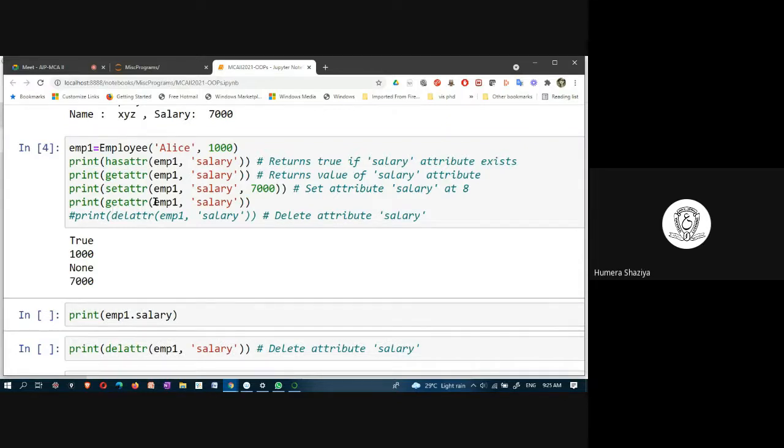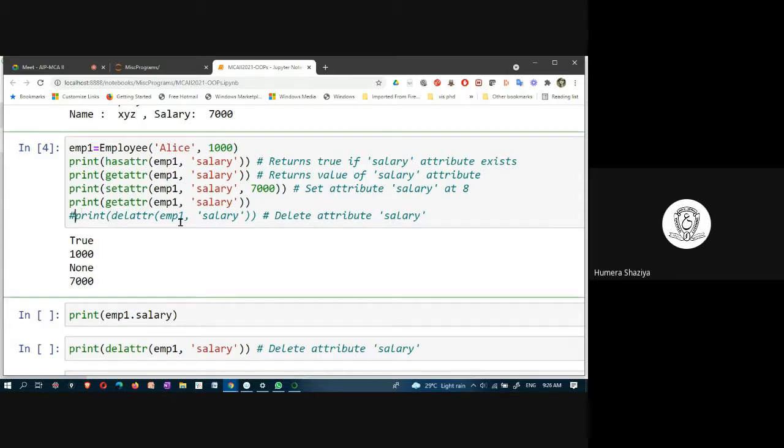After modifying it to 7000, when we print it again using getattr, we get 7000. setattr returns none because it is not the one that returns the value of the attribute. Rather, it just carries out the update operation. Okay, hasattr, getattr, setattr.